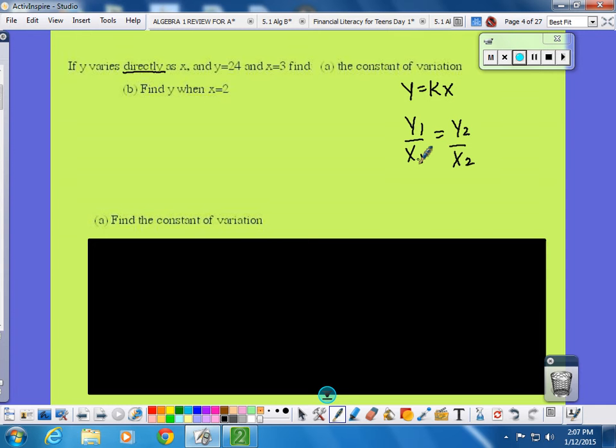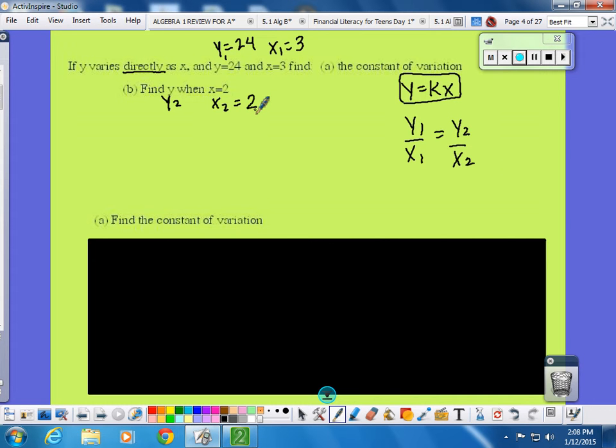So if y varies directly as x, the first y is 24, and the first x is 3. We are to find the constant of variation, which means I've got to use this equation. And then I must find the second y when the second x is 2.